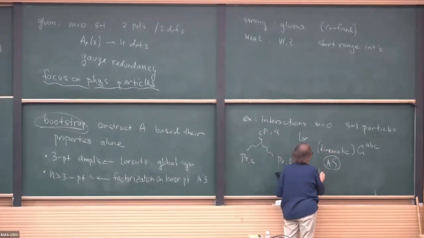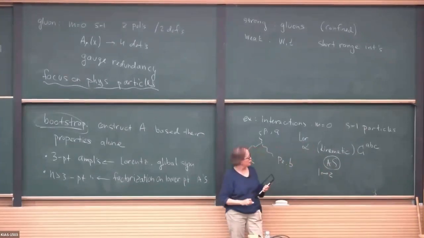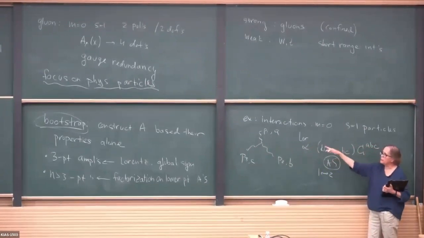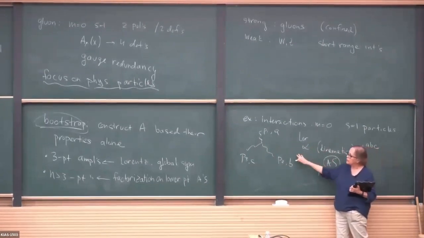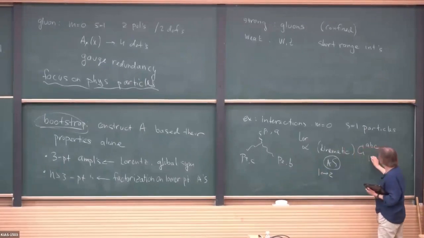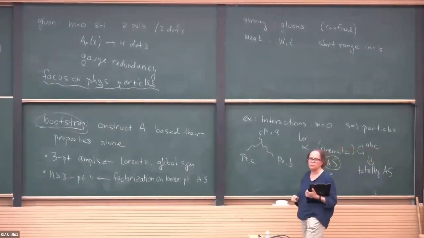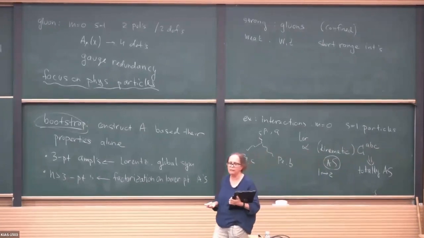That is, it's anti-symmetric under the exchange of 1, 2, 1, 3, 2, 3. And so because the whole amplitude has to be symmetric under the exchange of these guys, because they're bosons, this thing also needs to be totally anti-symmetric. So what does this remind you of?